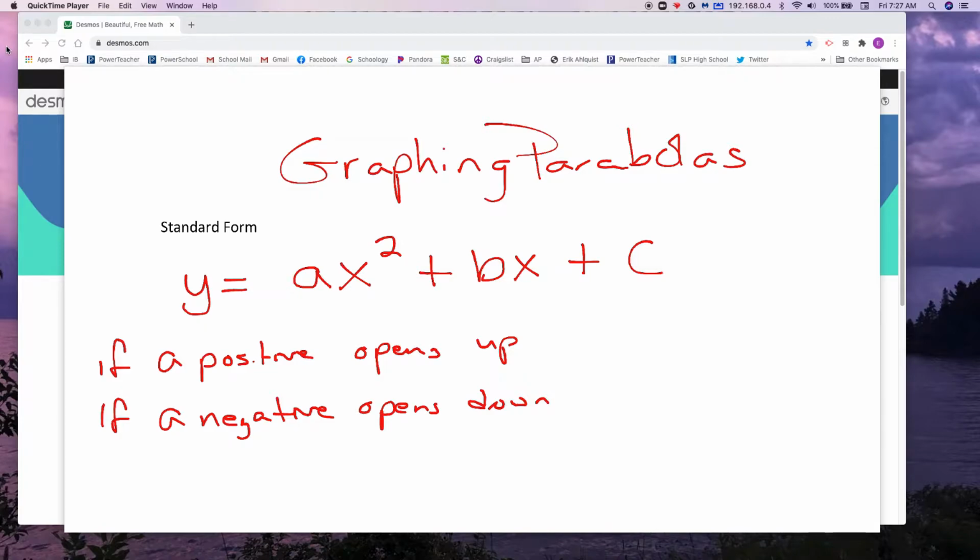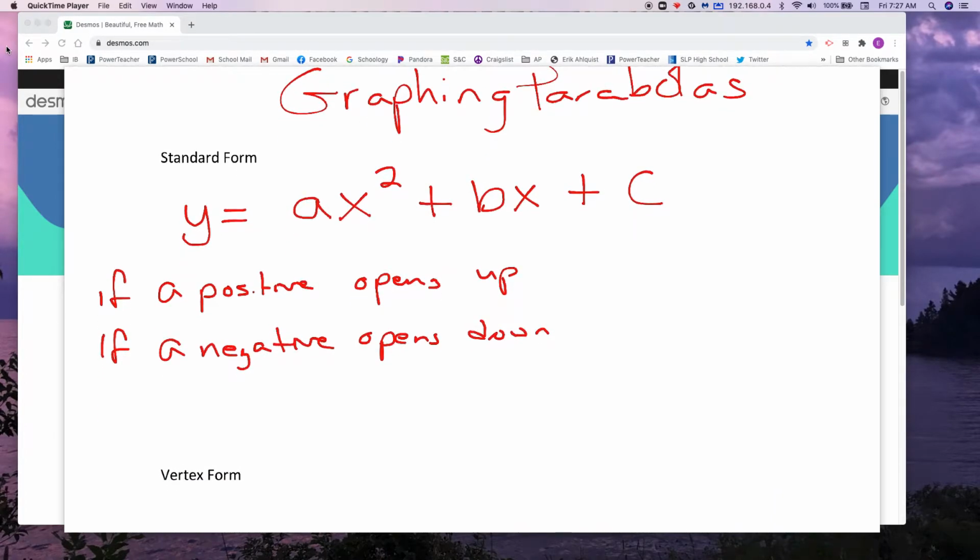There's a couple other things that help you with this. If you're looking for the vertex, the x value of the vertex is found by doing x equals the opposite value of b.